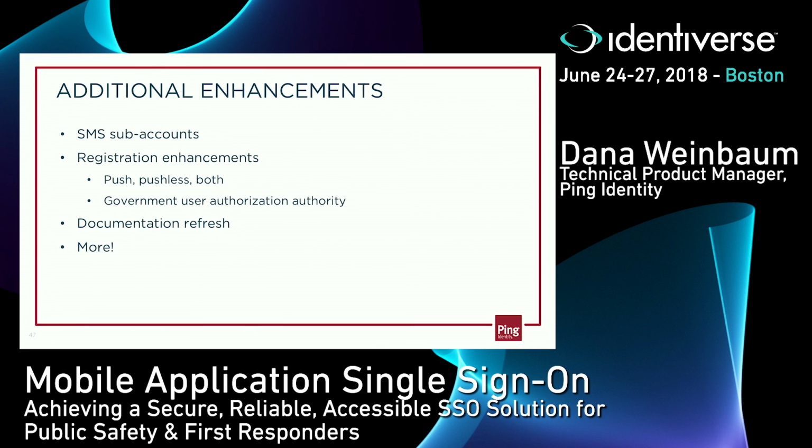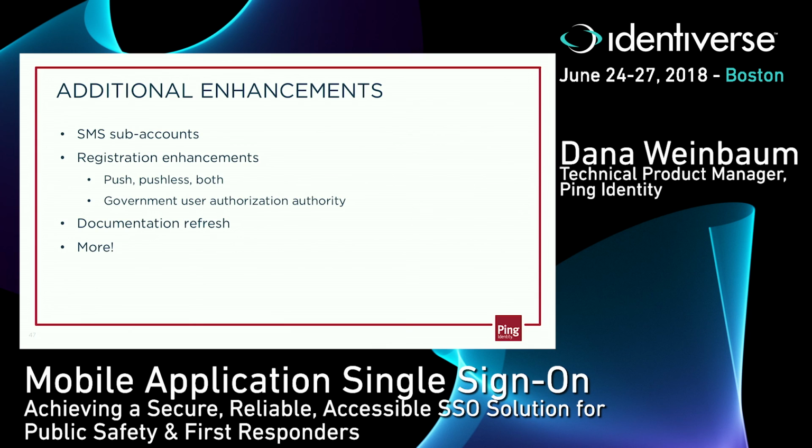The next thing is registration enhancements that we introduced. The first one is push and pushless options. This use case is useful for a case where the organization doesn't support the fallback OTP option that we provide in case the authenticating device is offline.